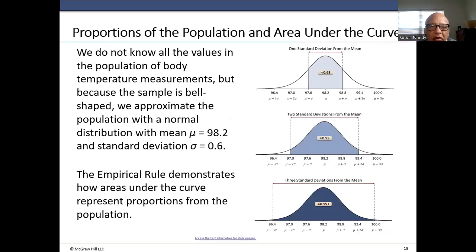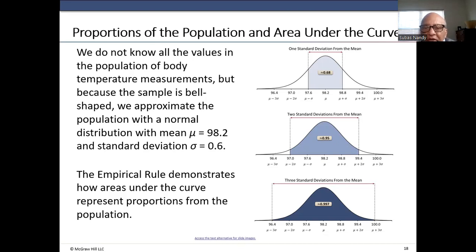We do not know all the values of the population of body temperature, but because the sample is bell-shaped, we approximate the population with a normal distribution with mean equal to 98.2 and standard deviation 0.6. If you add the mean plus the standard deviation, 98.2 plus 0.6 is 98.8 on the right, on the top diagram.